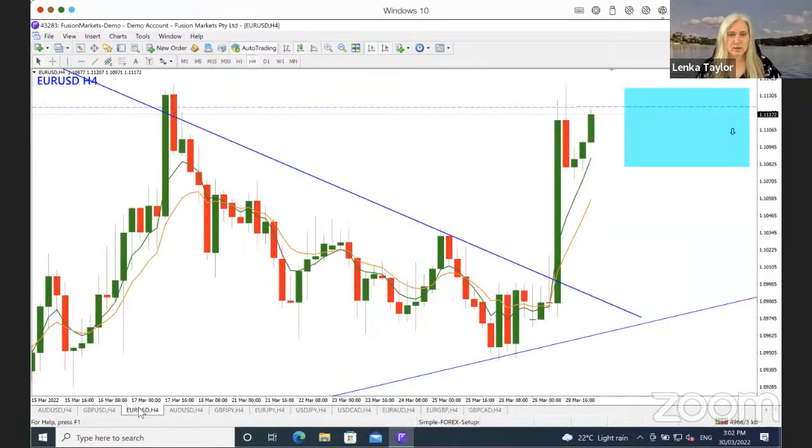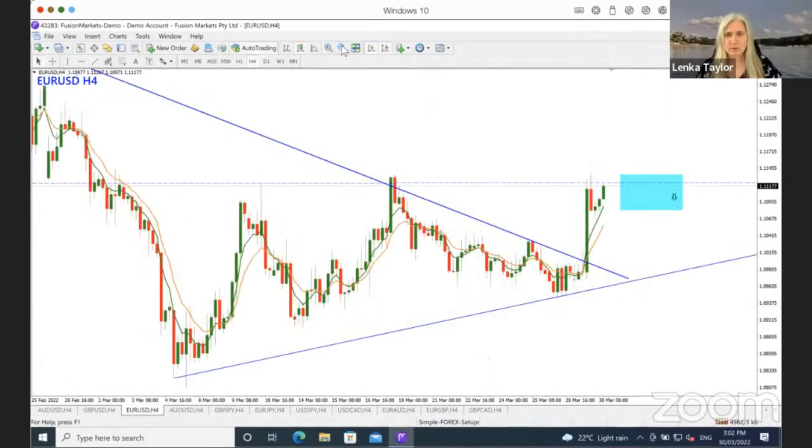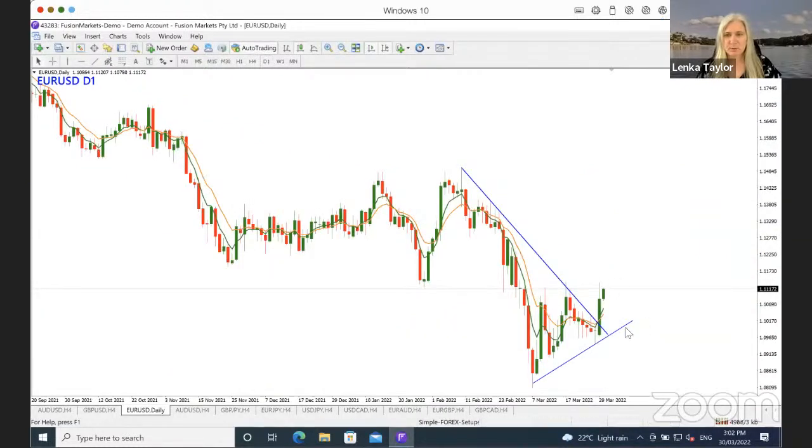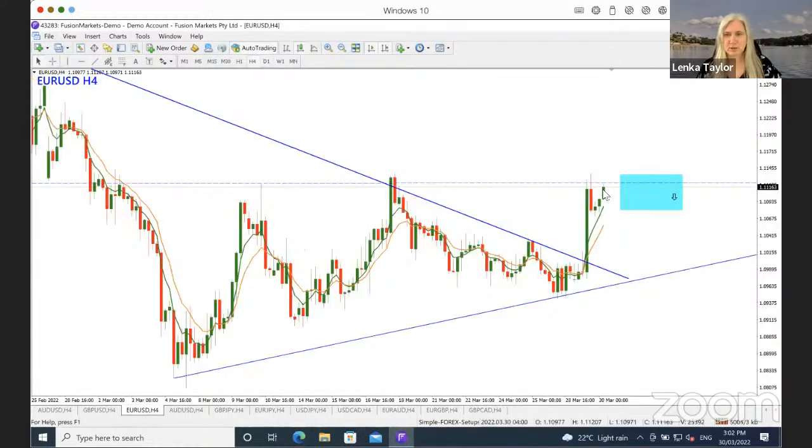Let's have a look at EUR/USD. So EUR/USD, I'm looking for a short just because of the range that it is in at the moment, and not sure what the price action is going to do.